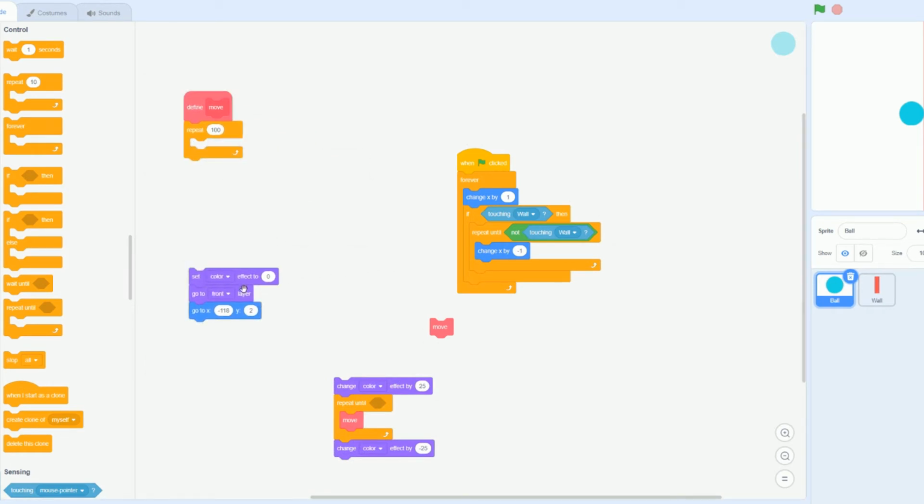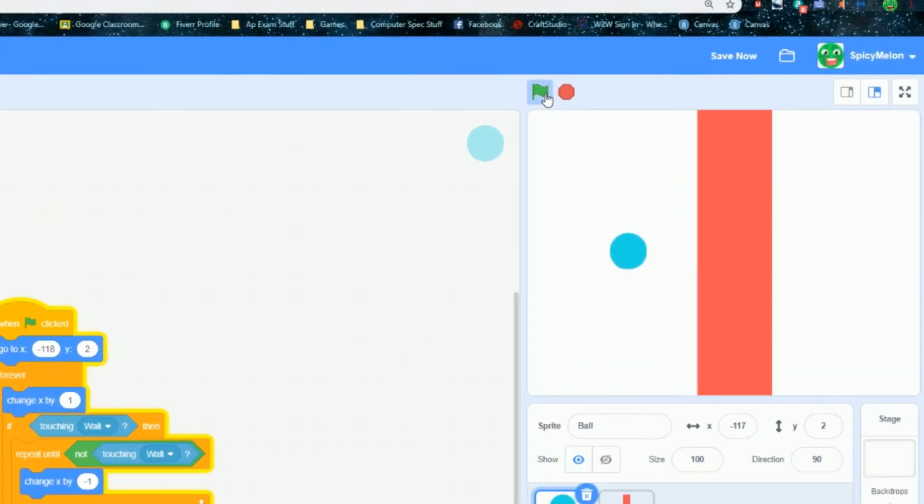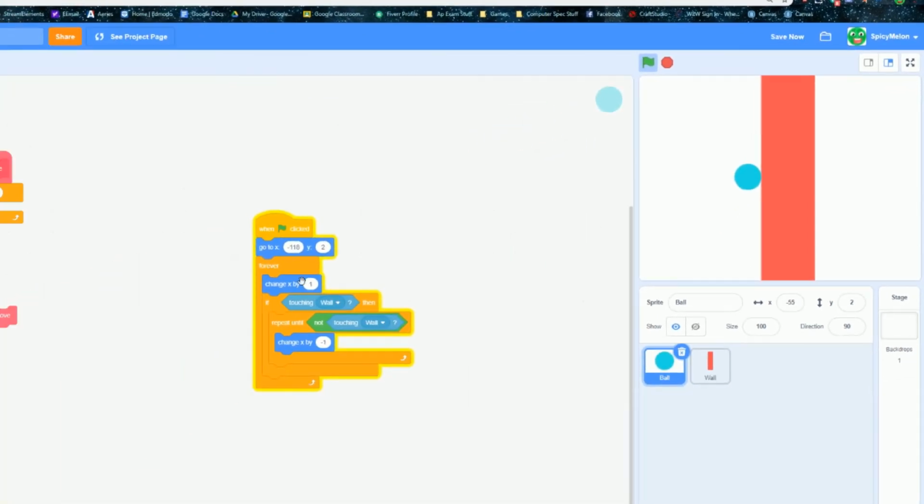So don't worry about all these other things. Now, when it touches the wall, it will stop moving, like it's frozen. This could be any number, like 5, and it will work.